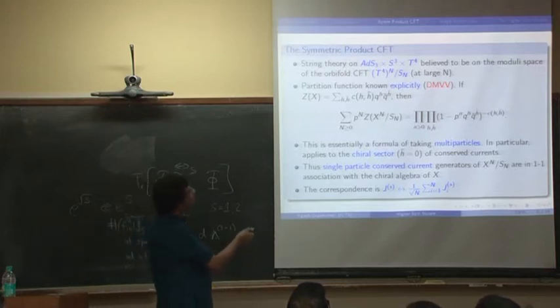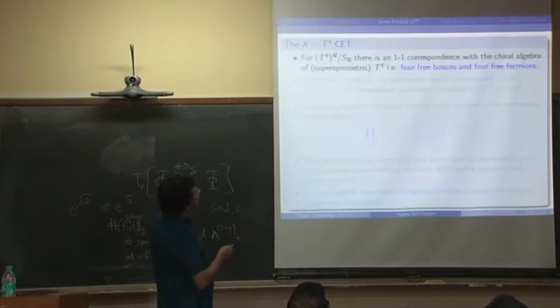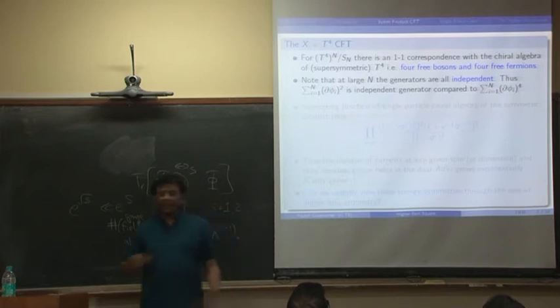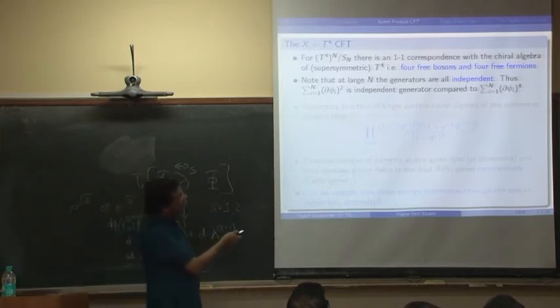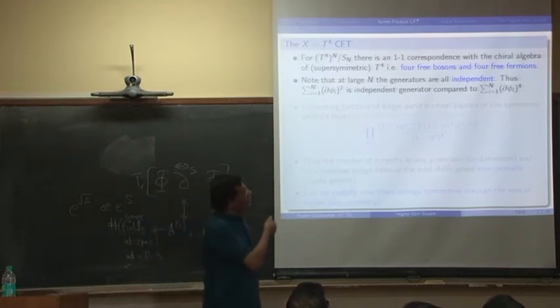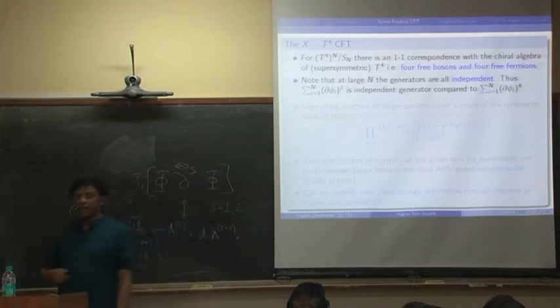If I just were to look at the currents on the T4 theory, something like del phi to the 4th would not be an independent generator of del phi square. But at large n, the summation 1 to n del phi to the 4 is an independent generator corresponding to the summation 1 to n del phi square. One is not roughly the square of the other.